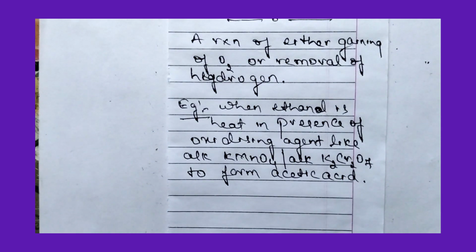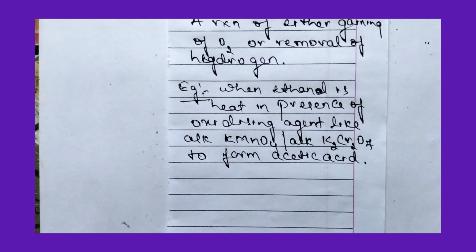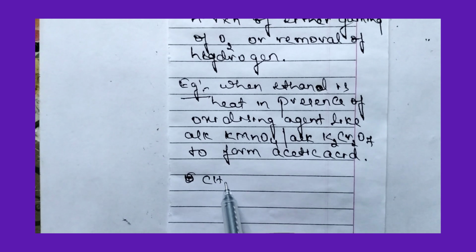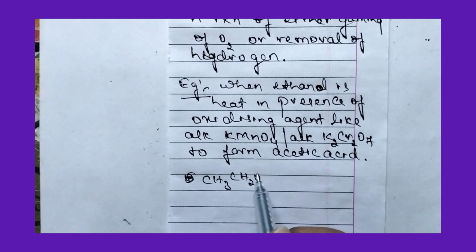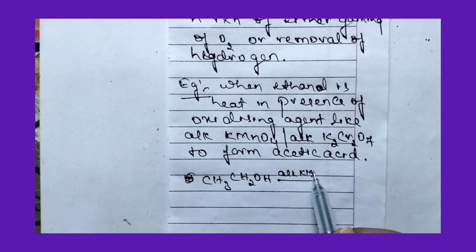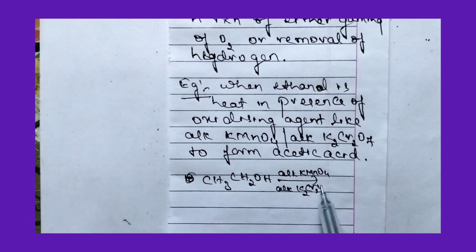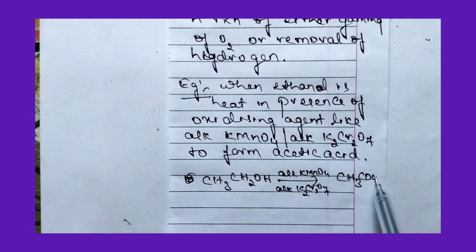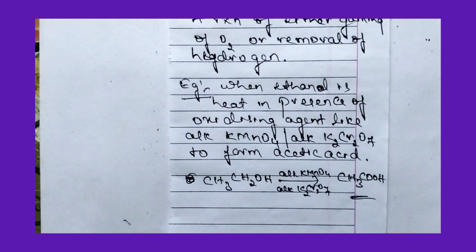Here alkaline potassium permanganate and alkaline potassium dichromate act like an oxidizing agent. So let us write the equation. CH3CH2OH in presence of alkaline KMnO4 or alkaline K2Cr2O7, potassium dichromate, forms acetic acid, CH3COOH. So this is called oxidation reaction.